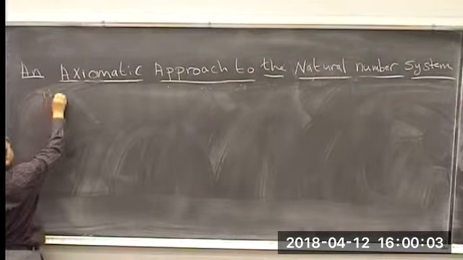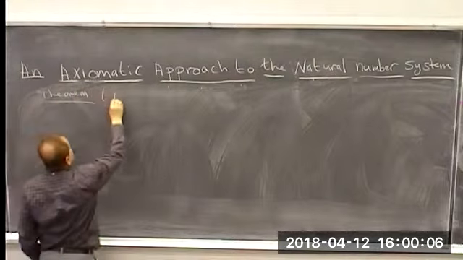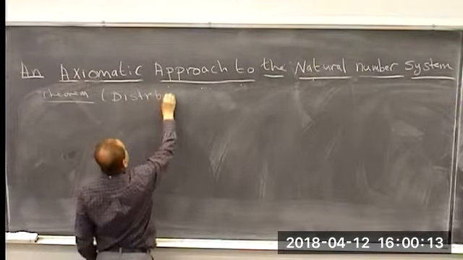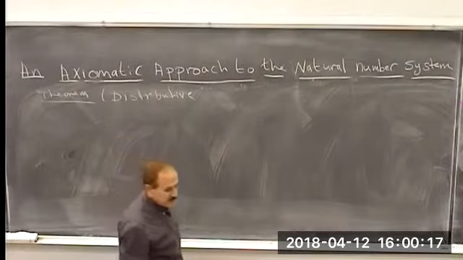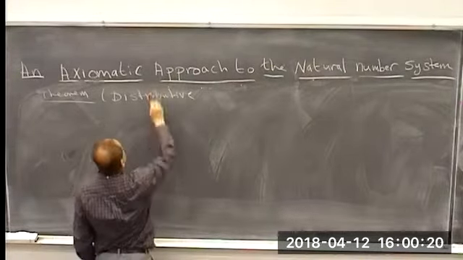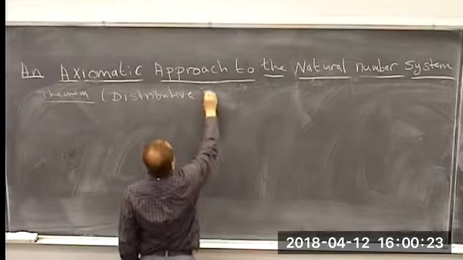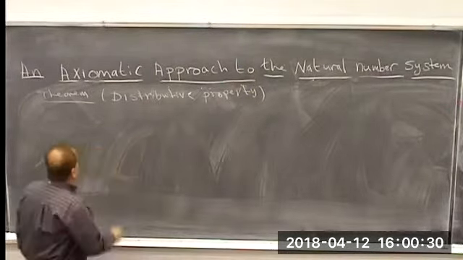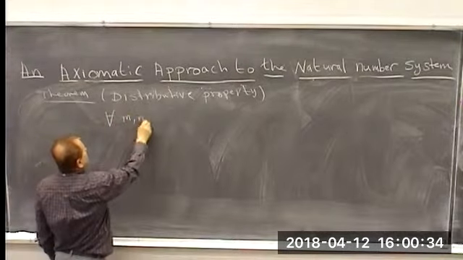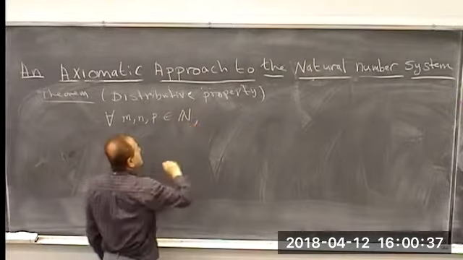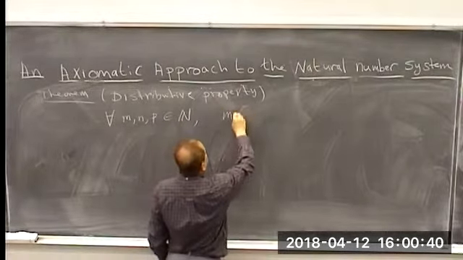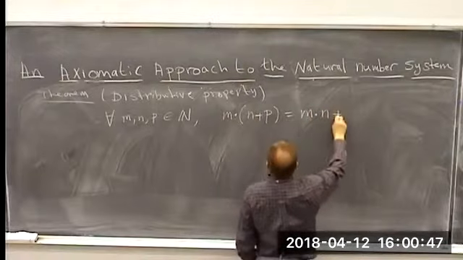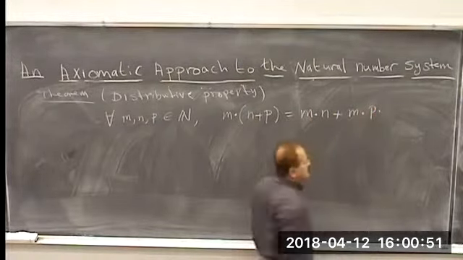It reads like this: for every m, n and p natural numbers, we have m multiplied by n plus p is equal to m multiplied by n plus m multiplied by p.